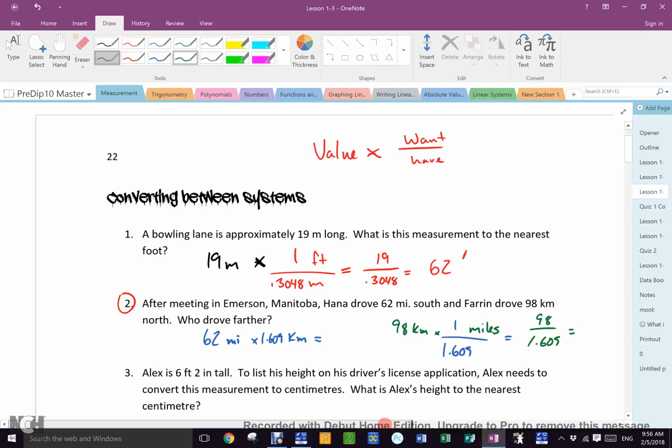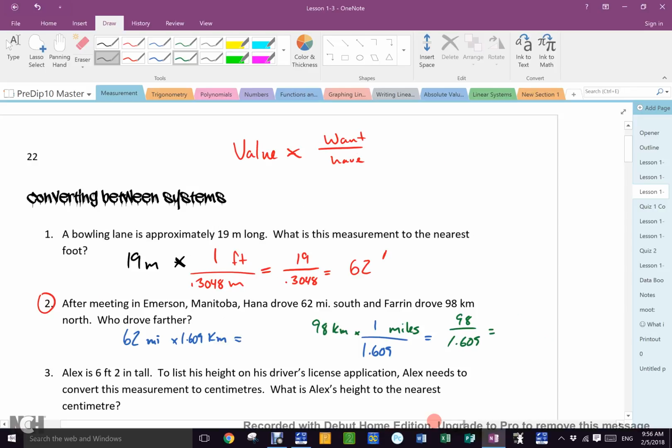Now, both of those are going to give you an answer. I lie. Both of those are going to give you a number. Is either one of those numbers the answer to the question? No. What is the answer to the question? The person's name, which is what? Who drove further? Hannah. That is what I need to see.